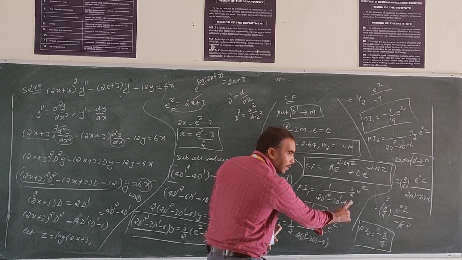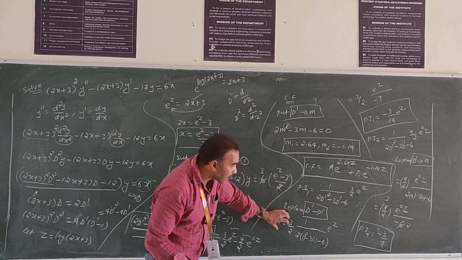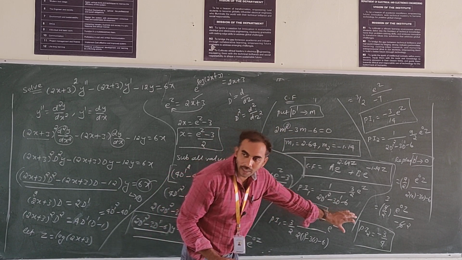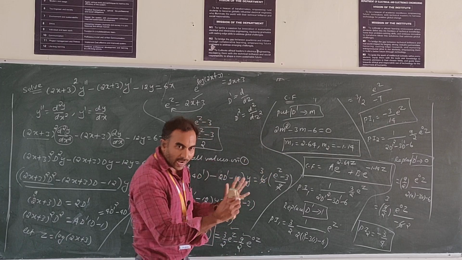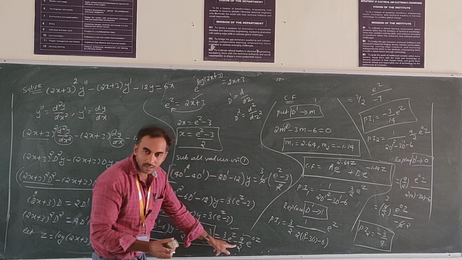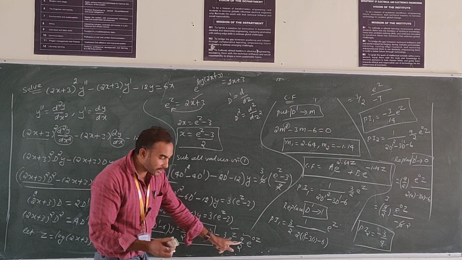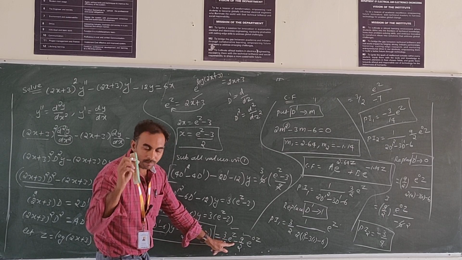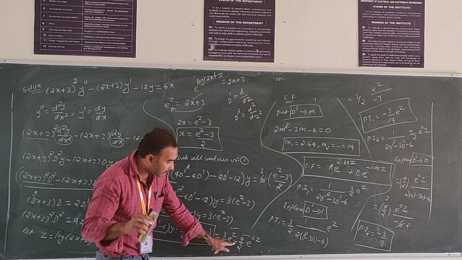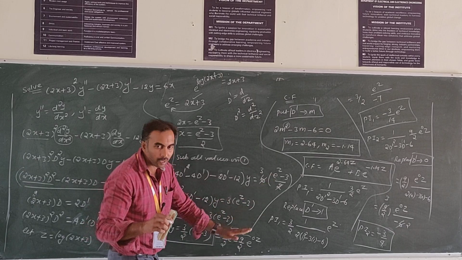This is minus 3 by 4, particular integral 2. So what is the general particular integral? We have to add this, but here what is the symbol? Minus. Suppose here plus means particular integral 1 plus particular integral 2. Minus means we have to subtract.